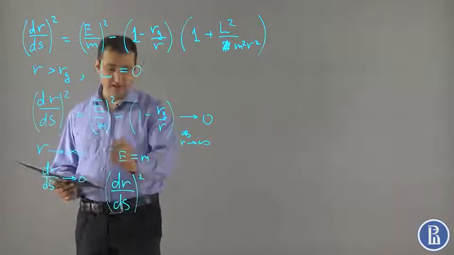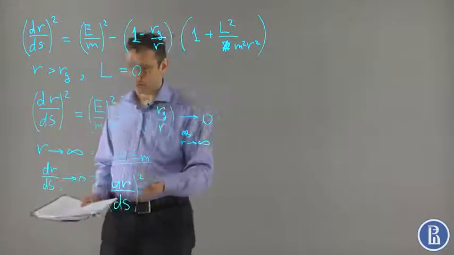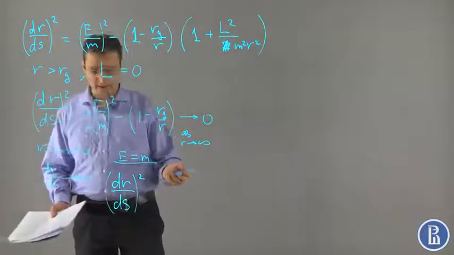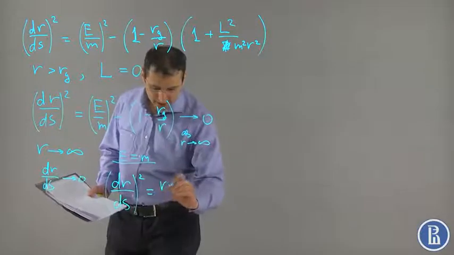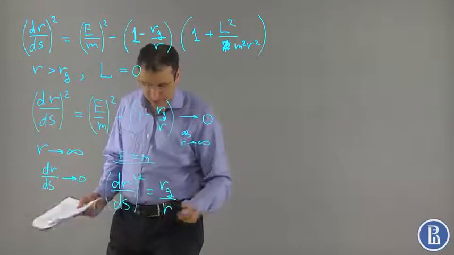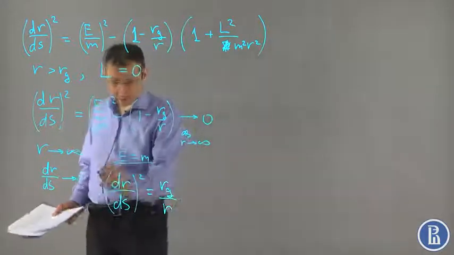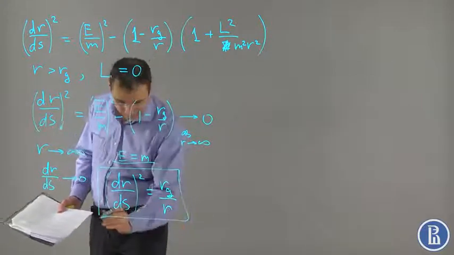Of course, if the energy is not equal to m, so the particle started its motion with non-zero velocity at infinity, none of the conclusions that we are going to make will change. In the circumstances that we consider, the equation is very simple.